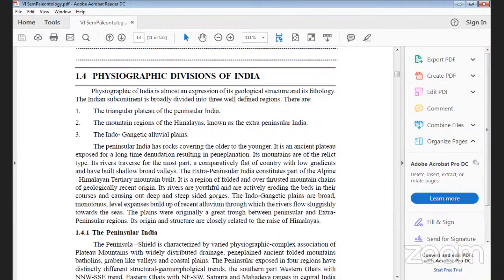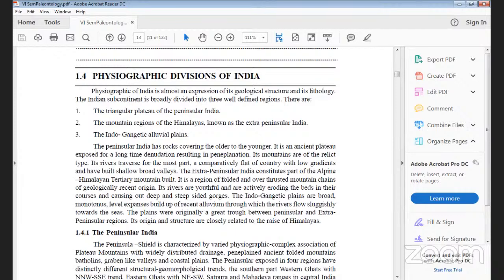The peninsular India has rocks covering the older to the younger formations. It is an ancient plateau, exposed for a long time, with denudation resulting in peneplanation. Its rivers traverse for the most part a comparatively flat country with a low gradient and have built shallow, broad valleys.